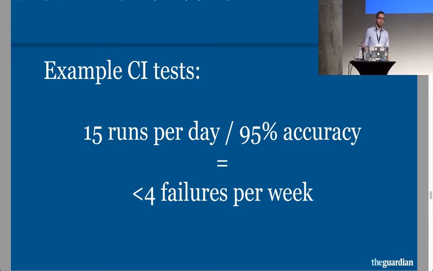And when they go red, when they break, it's a problem with the product. It's not a problem with the test itself. And we were getting about 95% accuracy, which is fine, because that's less than 4 incorrect failures a week. And considering the effort to deal with that is, you merge your code in, oh, the test failed, you go and look on the CI box really quickly, and you realize it's a problem with the test. You put something into the backlog to fix it. That's proportional, and that's okay that happens a few times. I know all the test practitioners will tell you that's terrible, but that's reality, really.